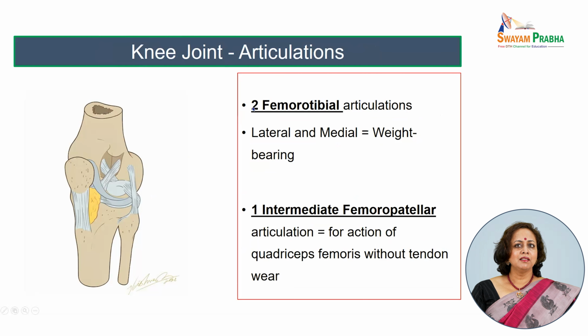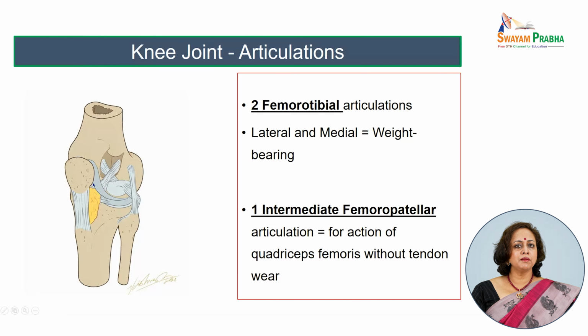As I said, there are two femorotibial articulations. So the left and right, or the medial and lateral femoral condyles, articulate with the medial and lateral tibial condyles. These are more for weight bearing as a function.